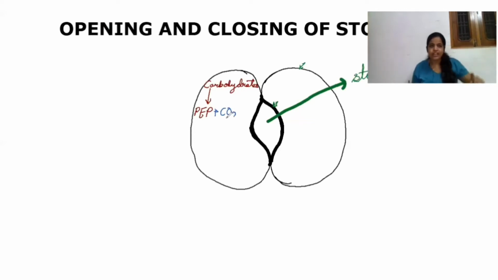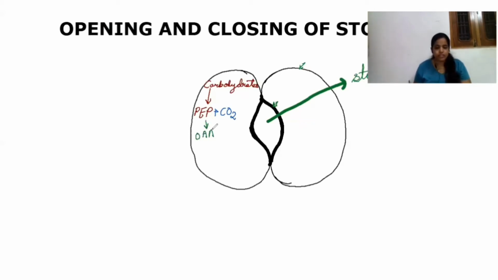Recall the C4 pathway or CAM pathway; that is the same PEP we have over here. So phosphoenol pyruvate combines with CO2 to form a new compound known as oxaloacetic acid, OAA.